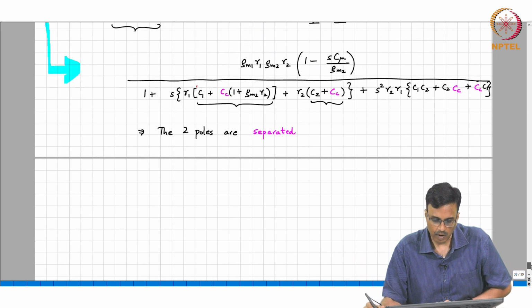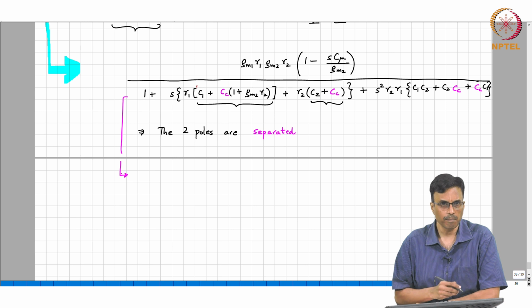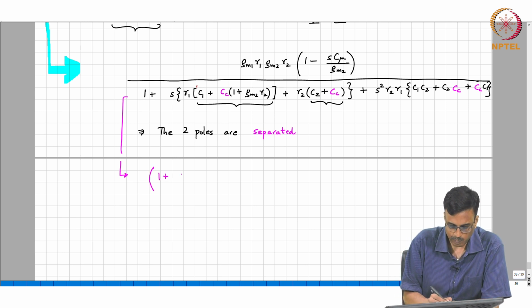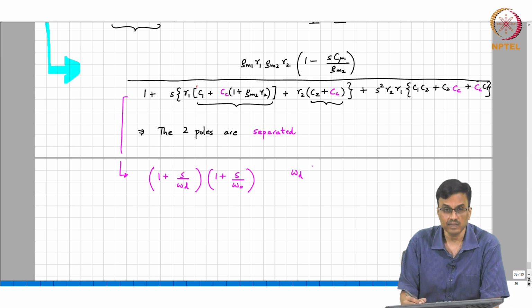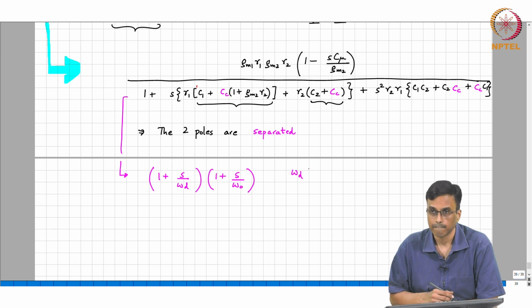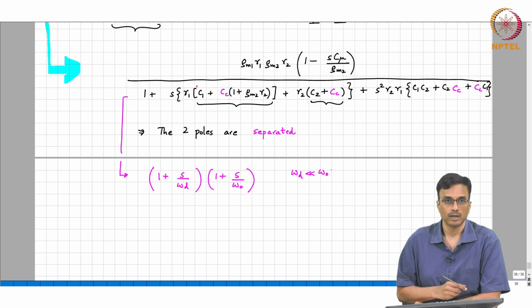So if the two poles are separated, they must be of the form 1 plus S by omega d times 1 plus S by omega naught, where omega d is much smaller than omega naught, correct.